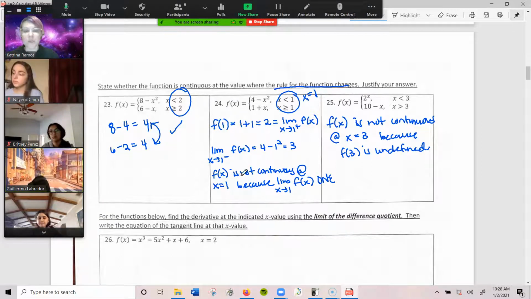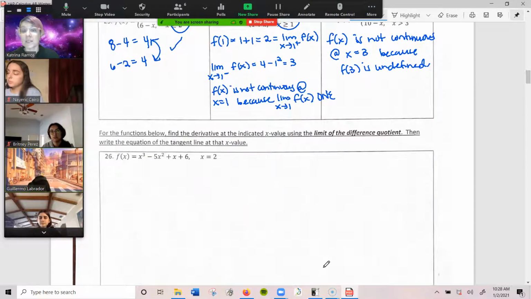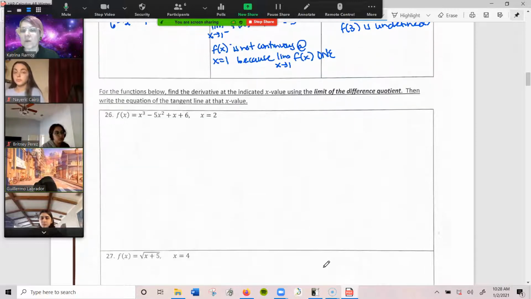What about these where you're finding the limit using the difference quotient? This was the long, tedious process. Does anybody remember what the limit of the difference quotient is?